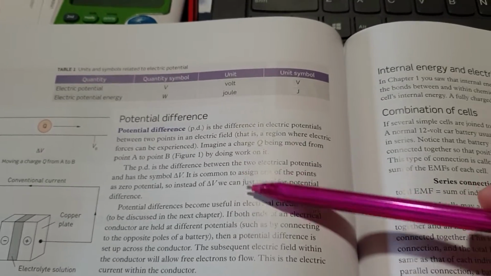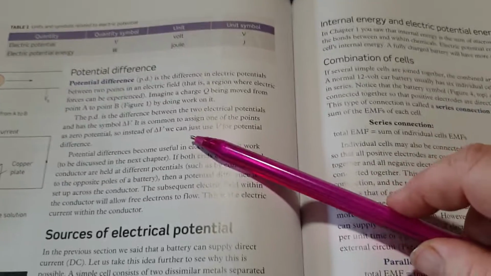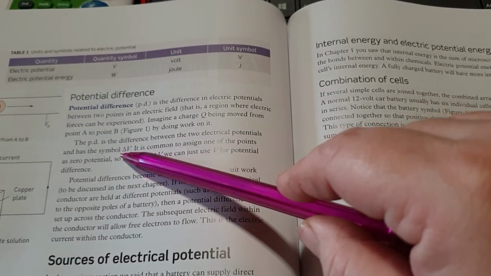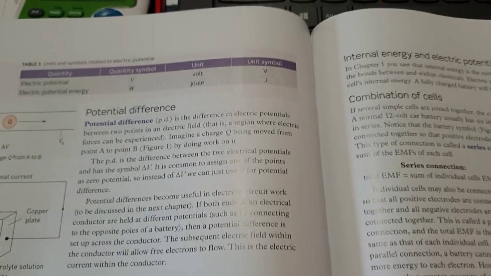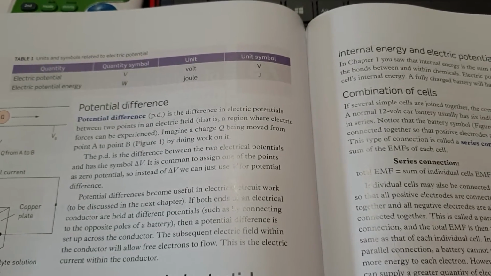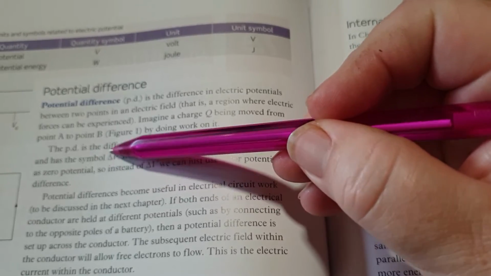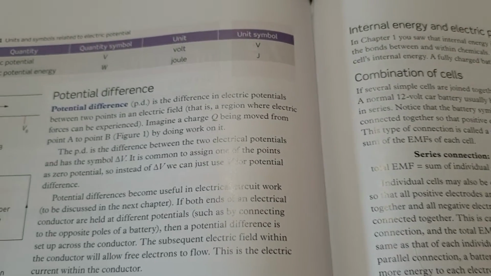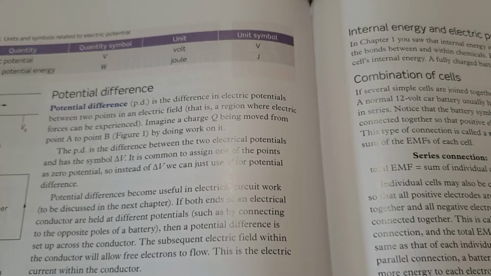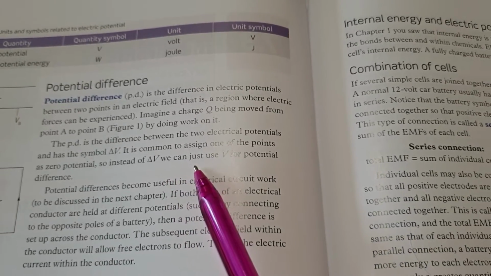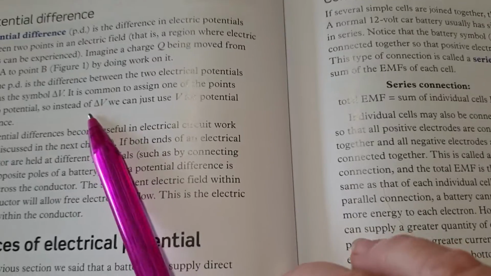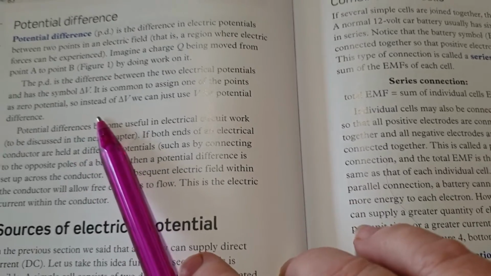It's measured in volts. I guess it's a change in voltage, but you won't see it anywhere with that little delta sign. They just drop it and use V. So it says here, instead of delta V, we can just use V for potential difference.